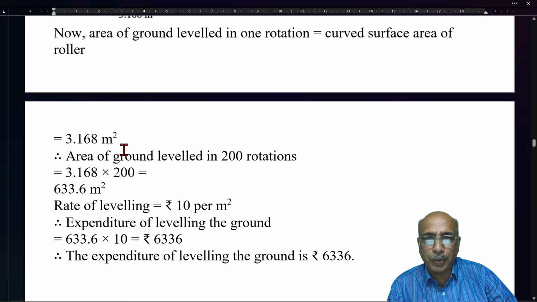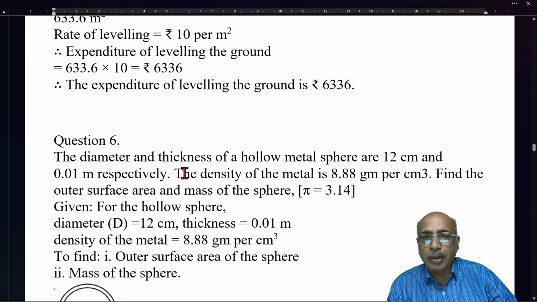Now area of ground leveled in one rotation equals curved surface area of roller equals 3.168 meters square, what we have calculated above. Area of ground leveled in 200 rotations: so 200 times, it will be 3.168 into 200 equals 633.6 meters square. Rate of leveling equals rupees 10 per meter square.